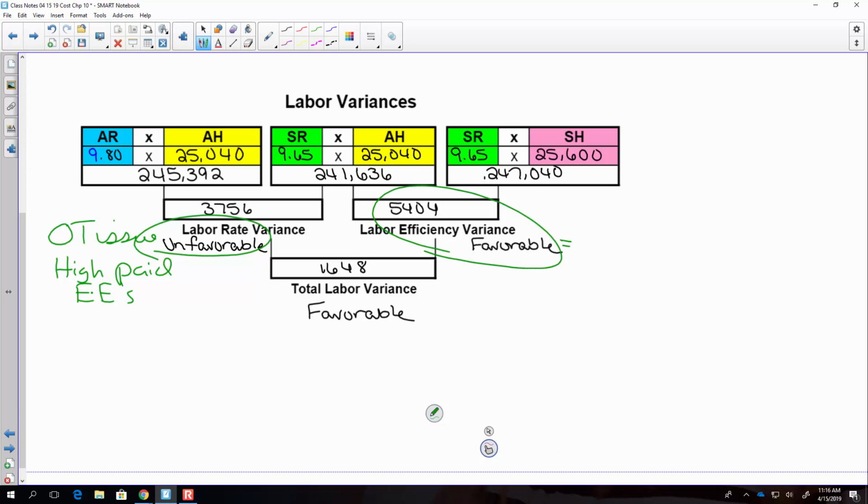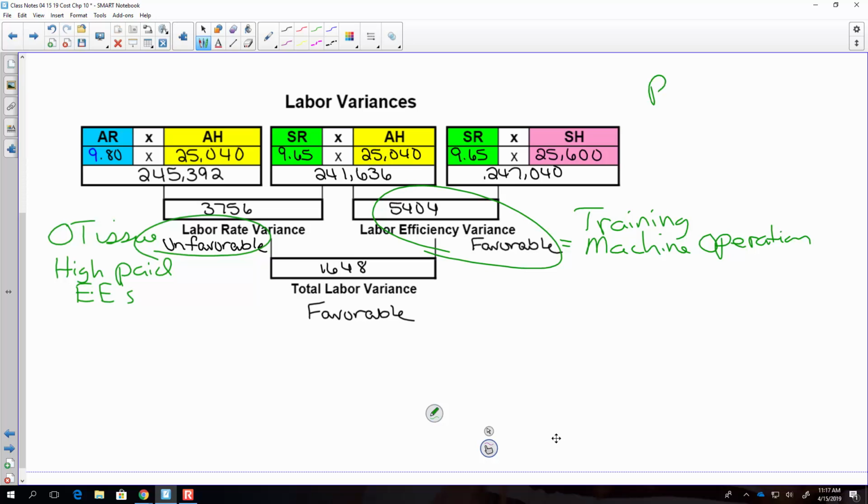Efficiency looks good. Here again, this bodes well for training, and it also lends itself to machine operation. So our machines were running pretty well. We were able to hit our times on our production levels. How many did we produce? 12,800.